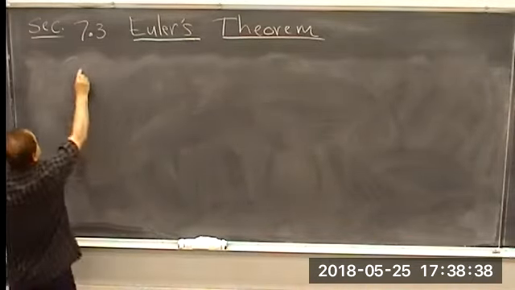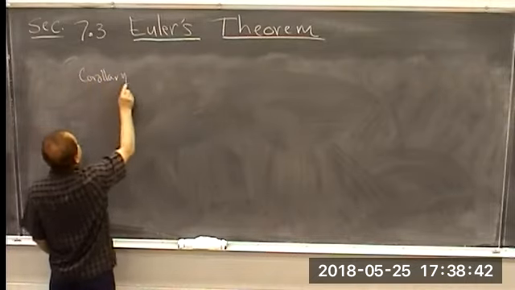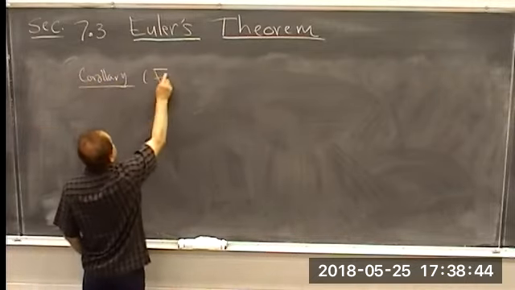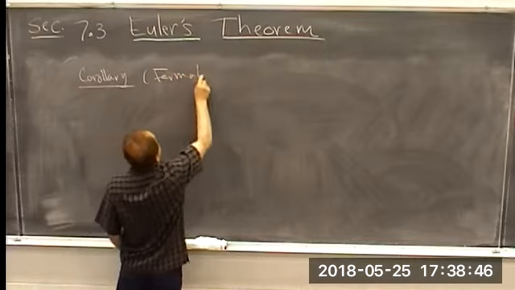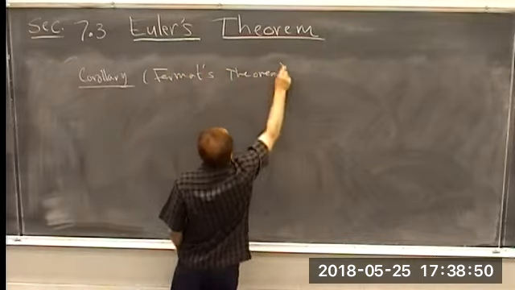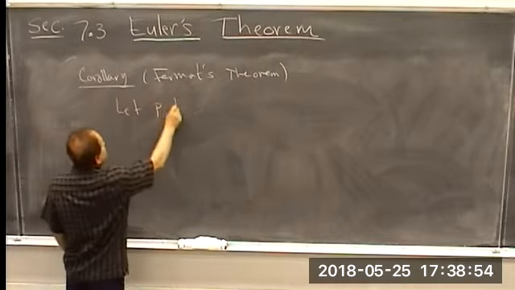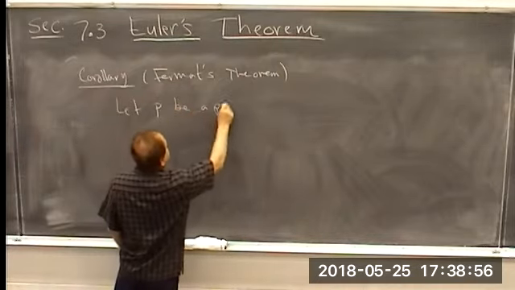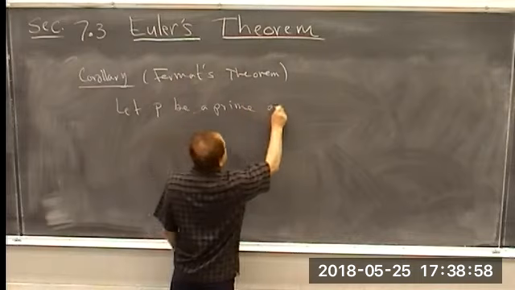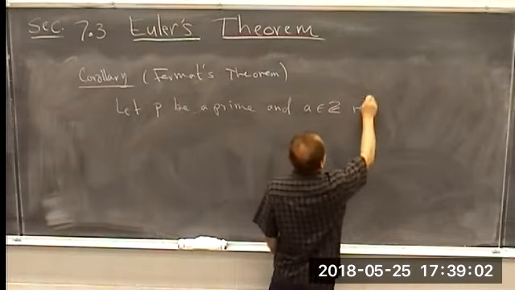All right, corollary. This is Fermat's theorem. Let p be a prime and a in Z relatively prime.